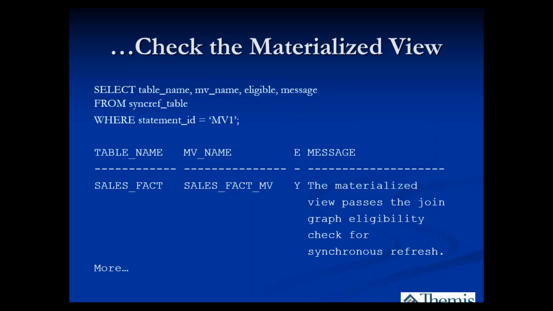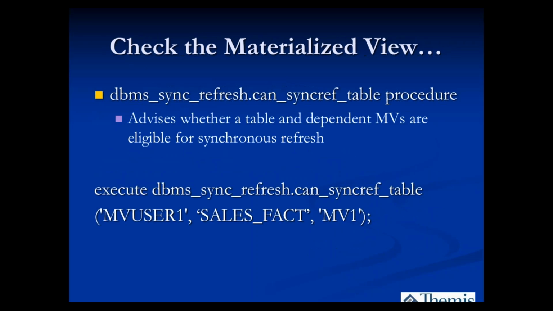So here's a reason why we create that table in the first place. If you forget to create the table in that prerequisite step and you get to this previous page here, this one right here on the sync ref table, it's obviously going to give you an error message, and the error message isn't very clear as to what's going on. It makes it look like something hasn't been compiled.